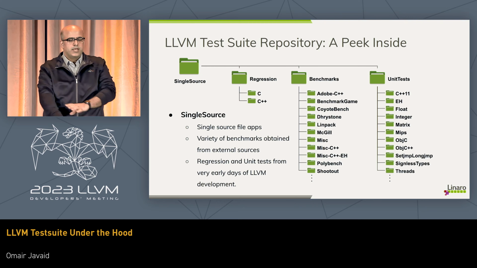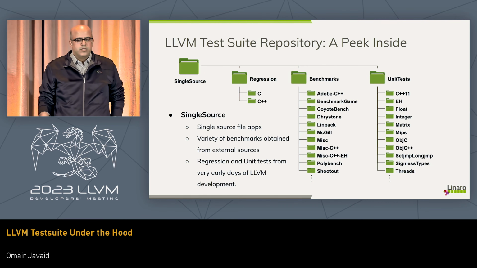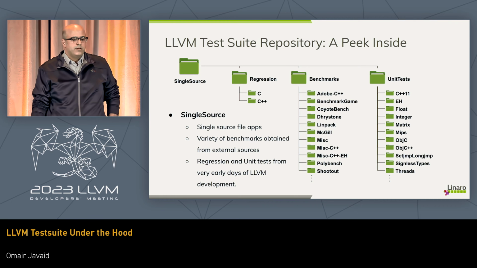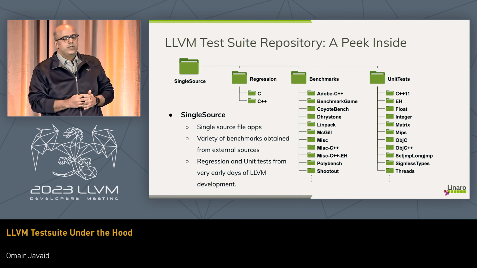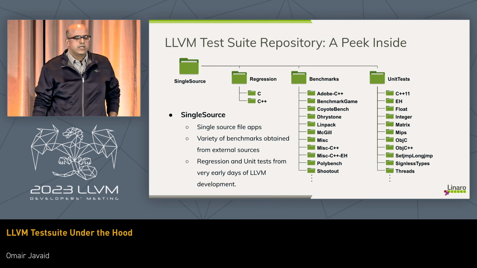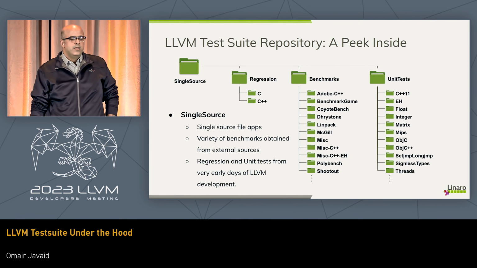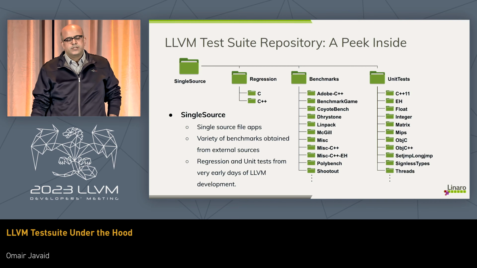Okay, then there is the single source folder. I think this folder has a lot of tests. Most of the tests that we have within the LLVM Test Suite are in this folder. It's called single source because all these tests are from one single source file, and some of them are obtained from external sources.